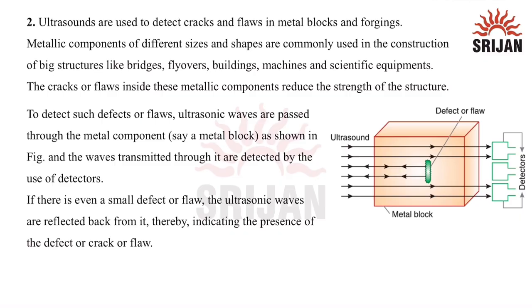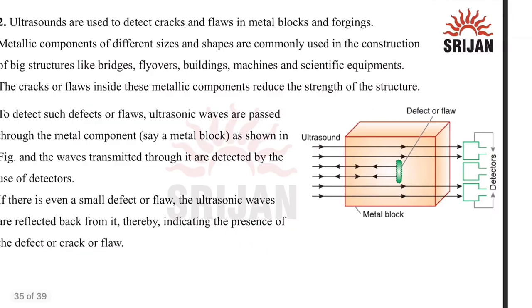To detect such defects, ultrasonic waves are passed through the metal component like this. If there is a flaw in the metal, the waves get reflected back and are detected by the detectors. Even a small defect or flaw reflects the ultrasonic waves, thereby indicating the presence of a defect or crack.